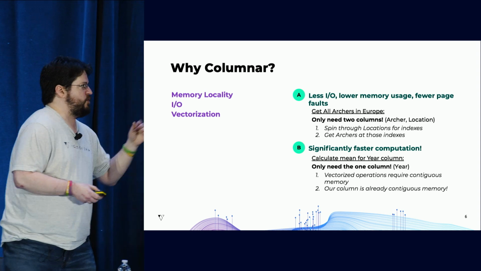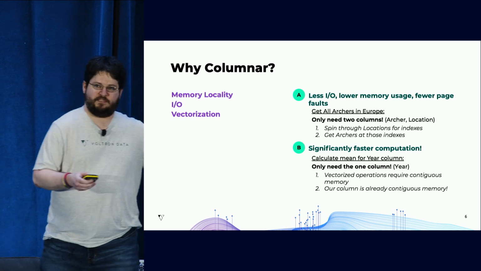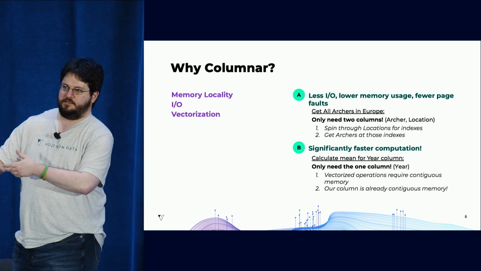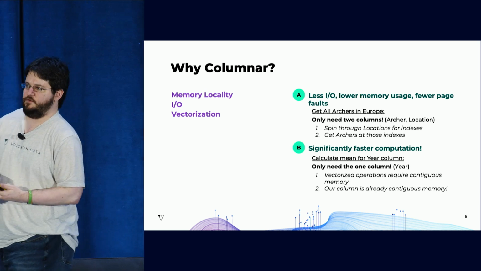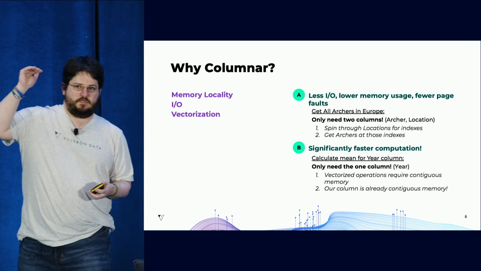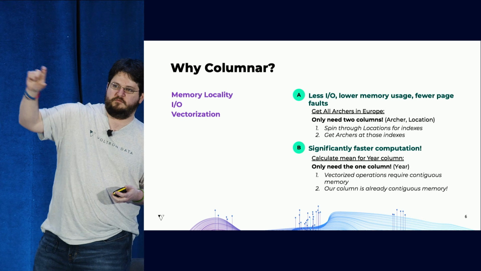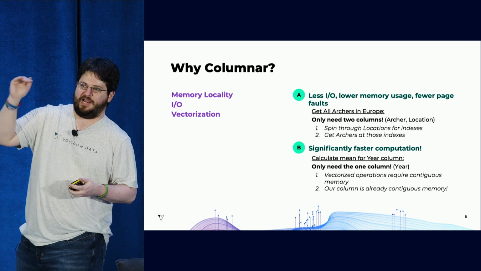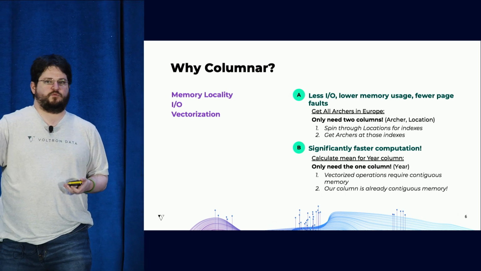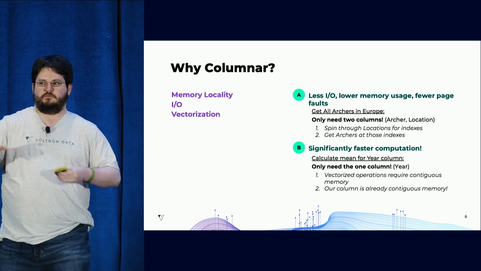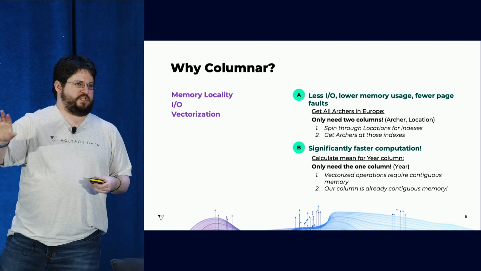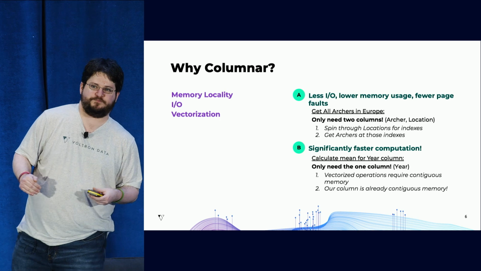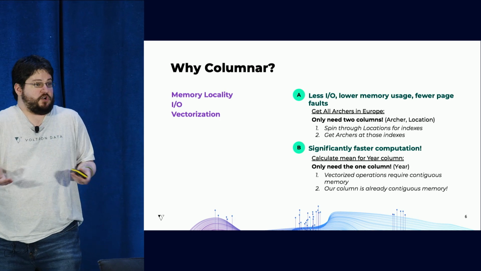If you wanted to grab all the archers in Europe from that little tiny table, well, in the row-oriented area, you'd have to read the whole chunk for every row, and then you could jump around in memory, going from row to row, to check which ones you wanted that were actually from Europe, and then get their names from jumping around in memory. And that can cost you.